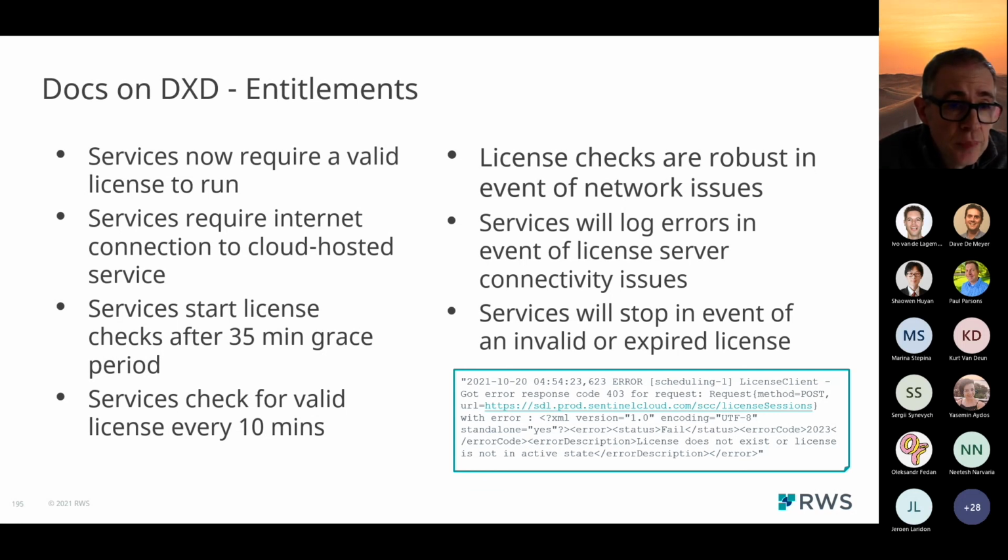So these licenses are based on CPU, and, well, CPU counts for DXD basically. So you're licensed for a certain number of CPUs. Each service, when you run them, you can configure to consume a certain CPU count from your JVM.